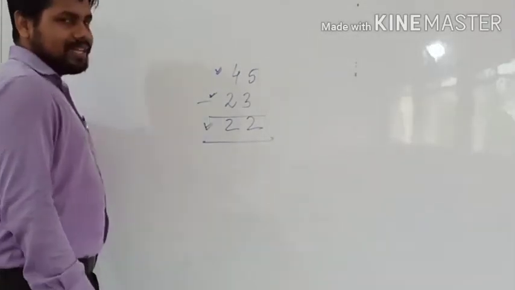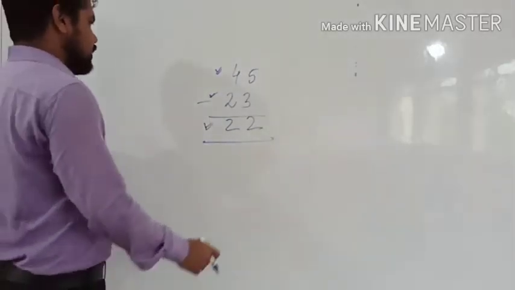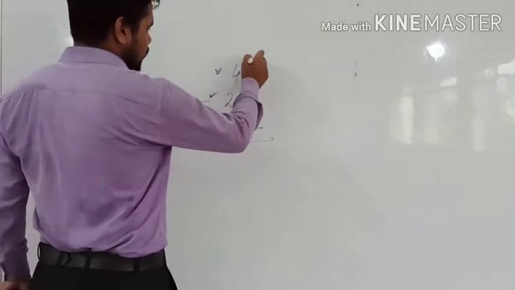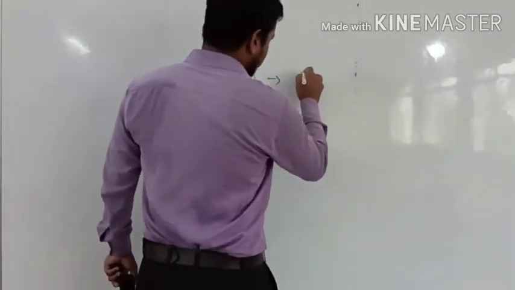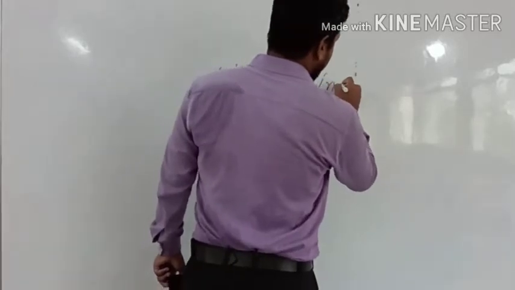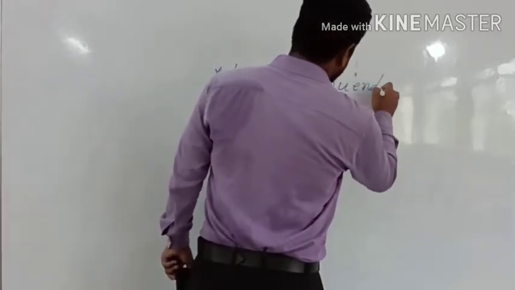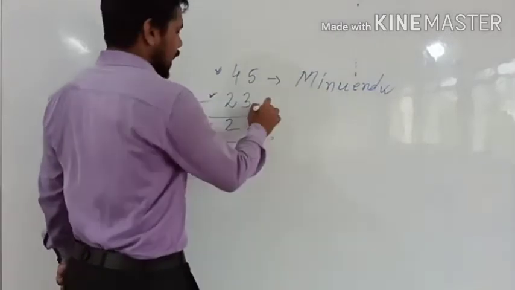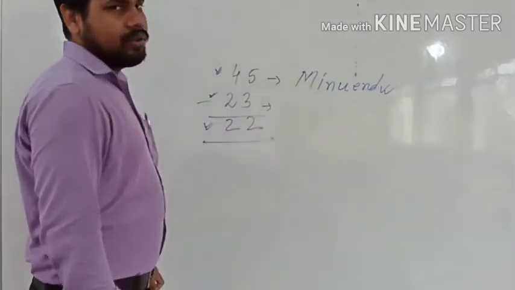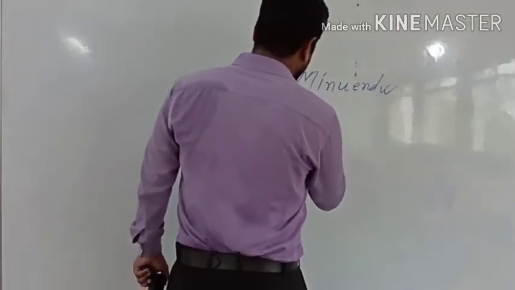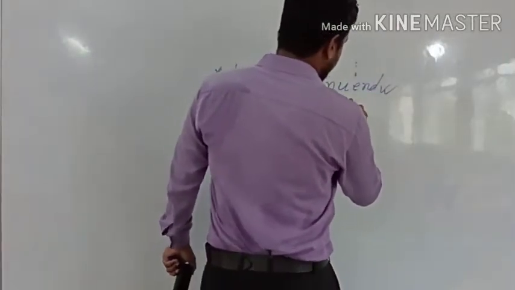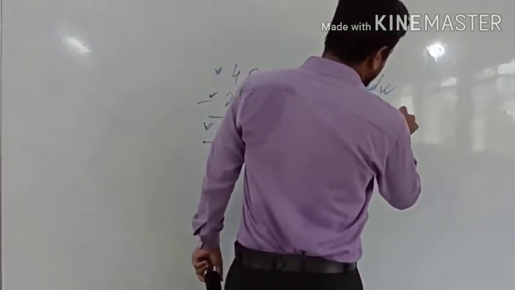So यहाँ पे 3 टर्म्स हैं, तो वो नंबर जो बड़ा होता है जिससे हम लोग सब्ट्रैक्ट करते हैं, that is called minuend. Okay, M-I-N-U-E-N-D. This is called minuend, and this is the smaller number which you are subtracting. This is called subtrahend, S-U-B-T-R-A-H-E-N-D.